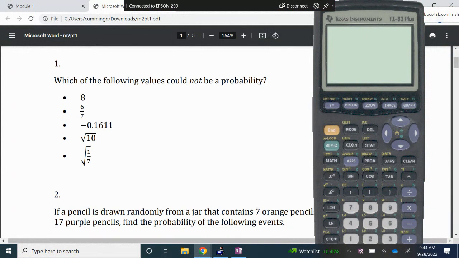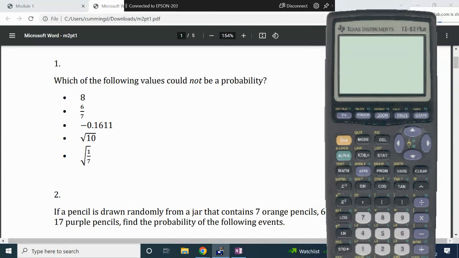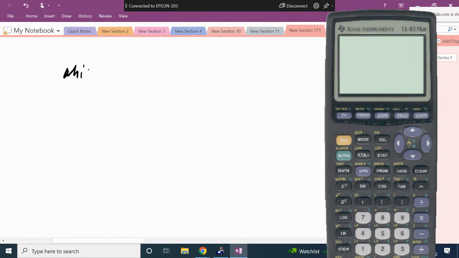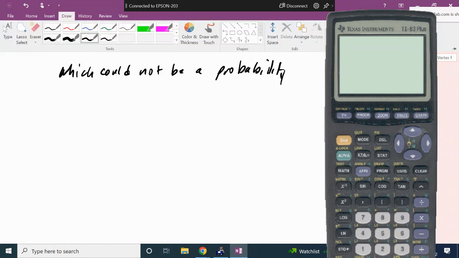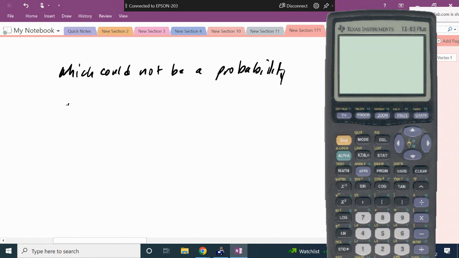All right, and I can't actually write on this. All right, so we have 8, 6/7, negative 0.1611.